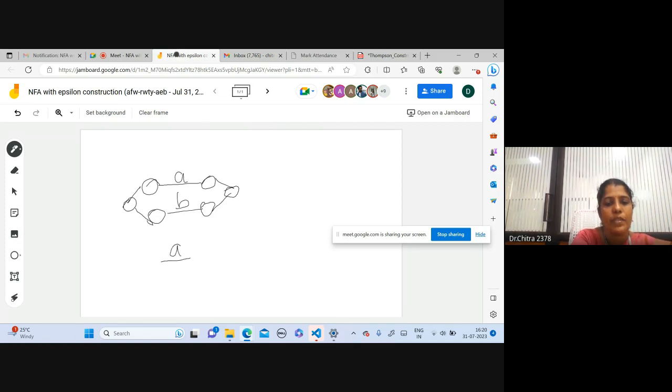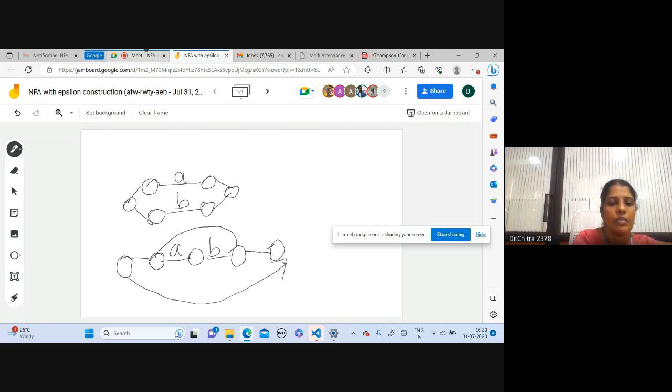A, B, self loop. To indicate the star, two more symbols are added. Remaining places are epsilon. This is epsilon, this is epsilon, this is epsilon. This one is also epsilon. This is A plus B, and this one is AB the whole star.